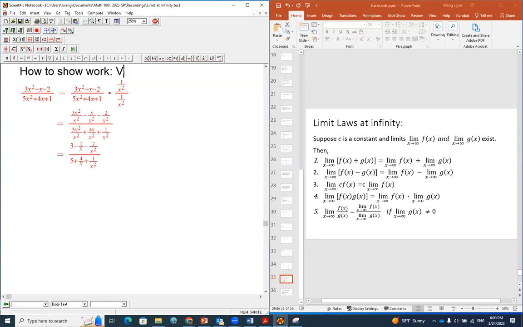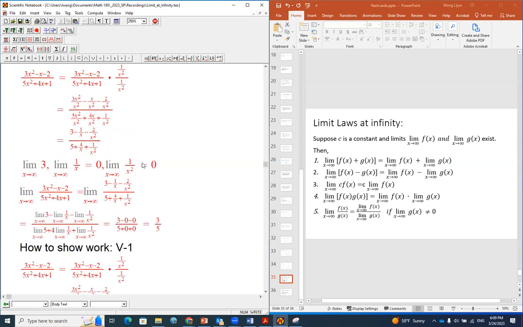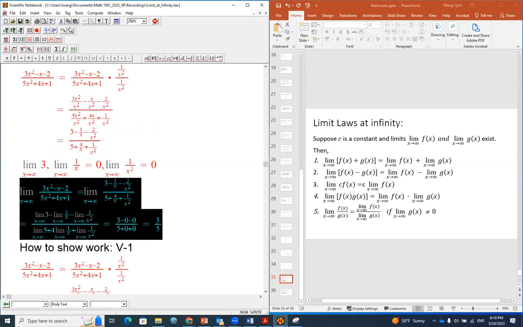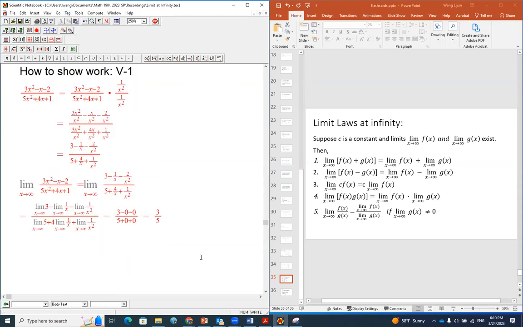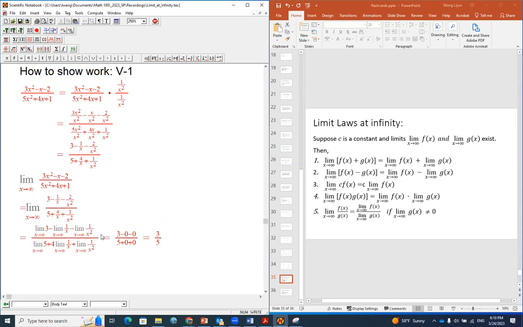This is version 1. And the other way you can show work is that you just go straight to this. You can just do this directly. You can do it vertically if you wish. And you can even skip this piece. So that's another version.